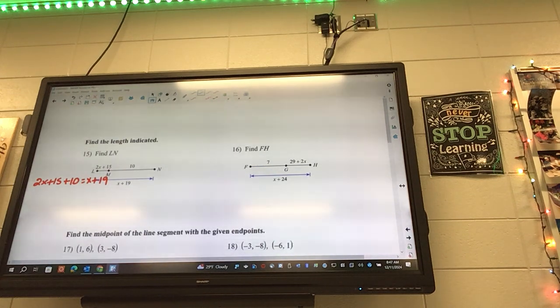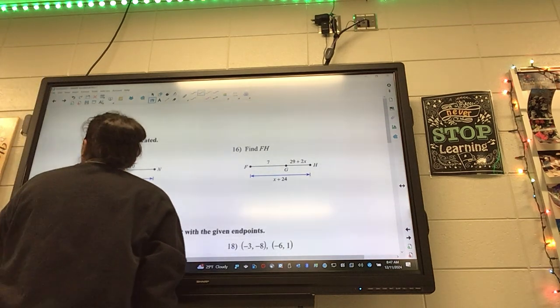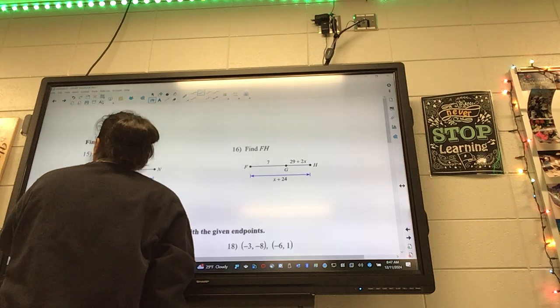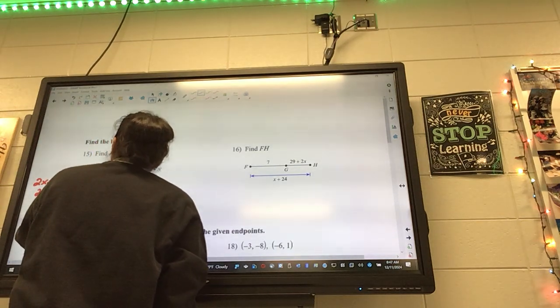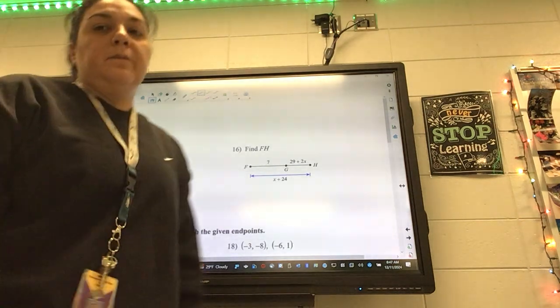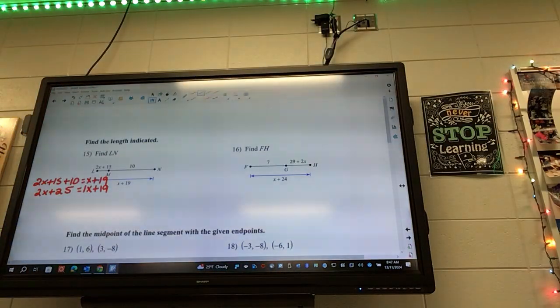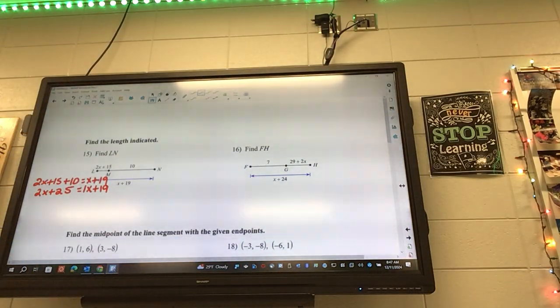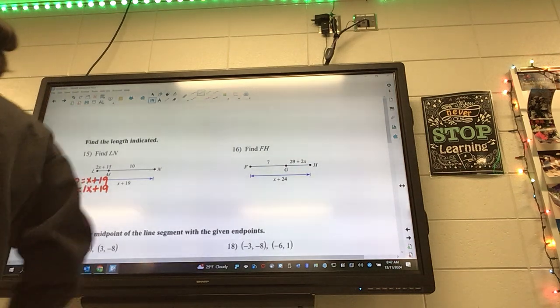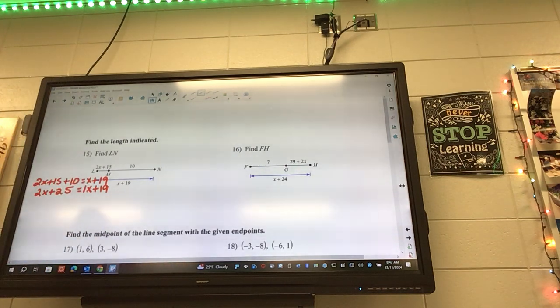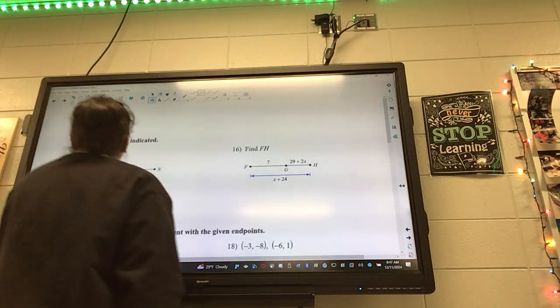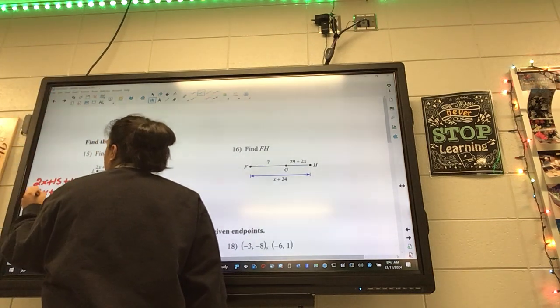We're going to combine first the 15 and the 10, so I'm going to get 2x plus 25 equals 1x plus 19. Who needs moved? The 1x. Who else? The 25.